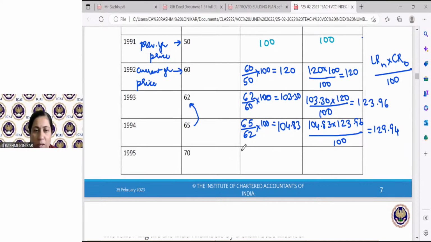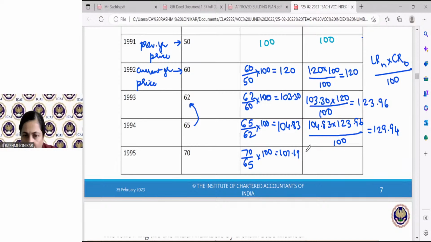And the last one is this year's price 70 upon previous year price 65 into 100. So I get how much? 70 divided by 65 is 107.69.